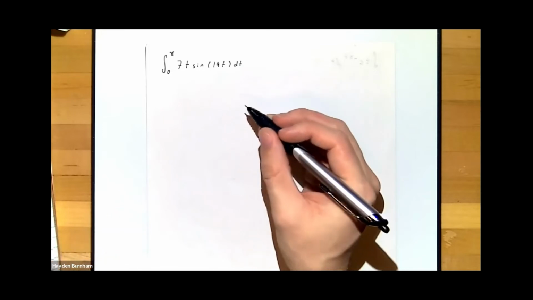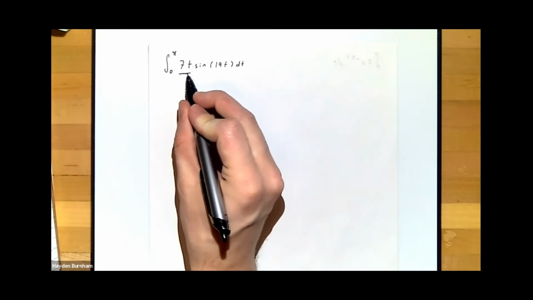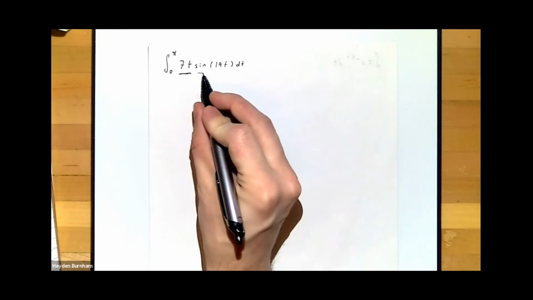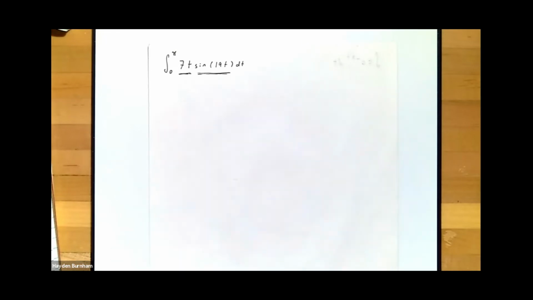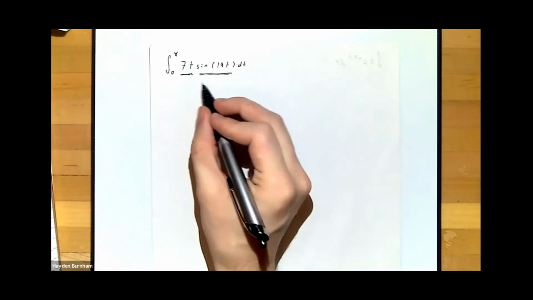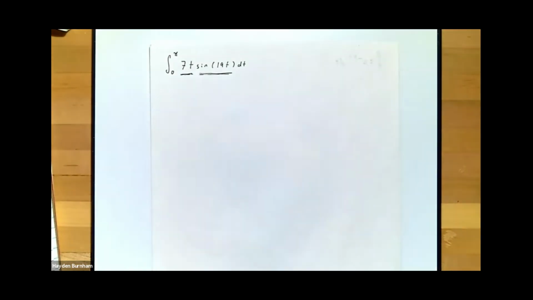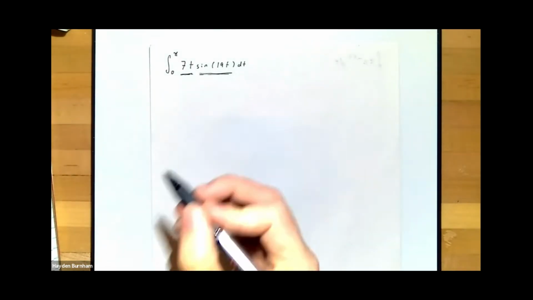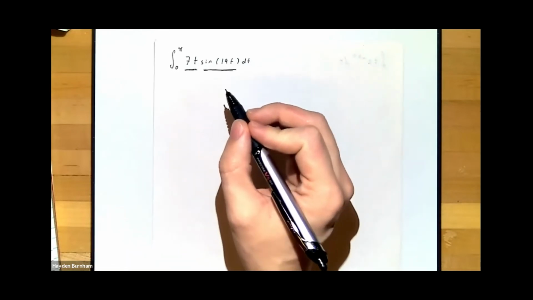So looking at this, I see that we have a 7t and a sine of 19t. If I think about the derivatives of these two parts, when I take the derivative of 7t, that's going to give me a 7, and if I do it again, that's going to be a 0. So this will eventually disappear.